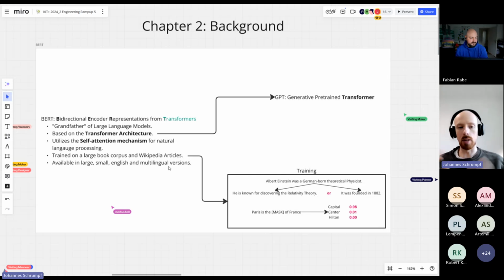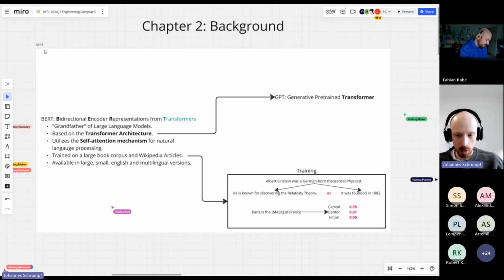So you can have many different variations of the BERT network that are all available for the public. So it's a nice ecosystem to start with if you want to get into working with artificial neural networks or large language models, and you want to understand more how they work or how they perform. It's a nice starting point for that. And also, it's sufficiently small to train in a more or less reasonable time. So it's also something to consider.